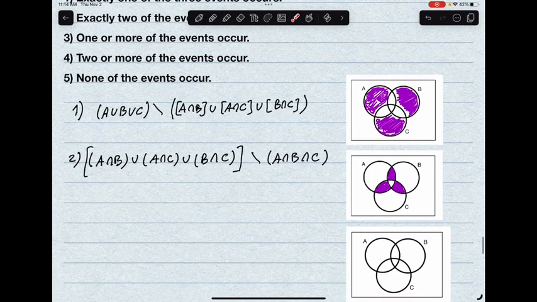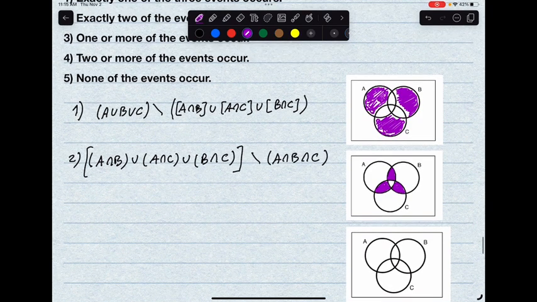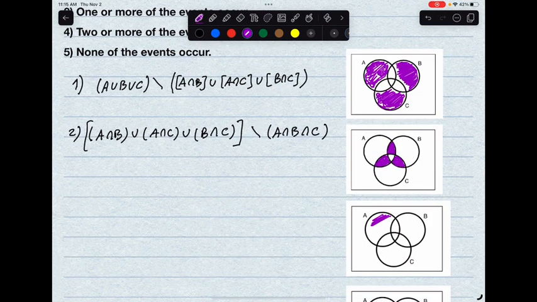From this description, it's obvious that at least one or more of the events occur. So it's just the union of all the three events. That's where at least one of these events occur.